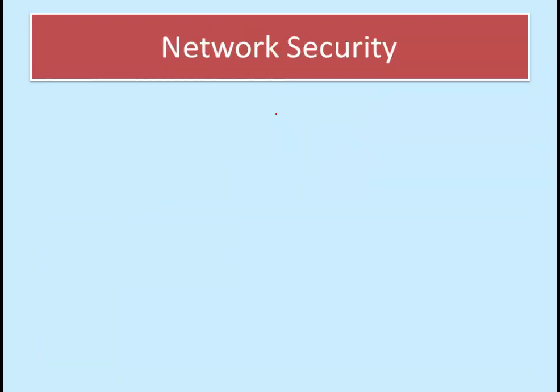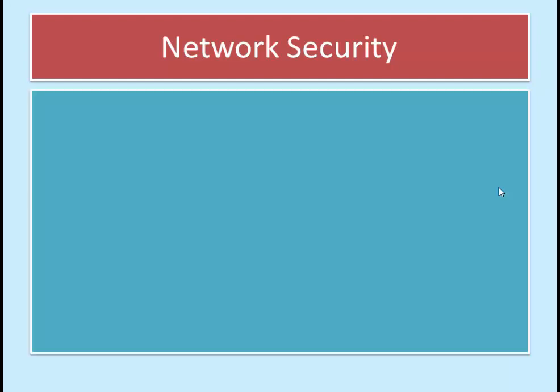And next, network security. Network security is a very important aspect that we have to see whenever we are using internet, because there is a likelihood that when we are using a network, we may have some risk of losing our data or other things.